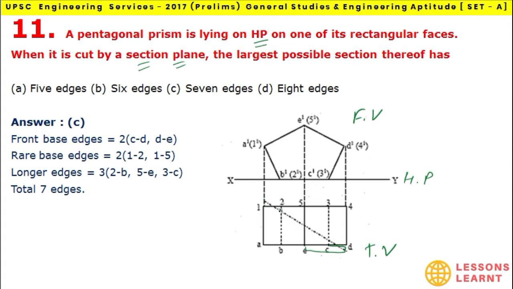Then the second one is the rear base edges 1, 2 and 1, 5. Then the third one is 2B and 5E and 3C. So means totally there are complete 7 edges. So the answer is C.